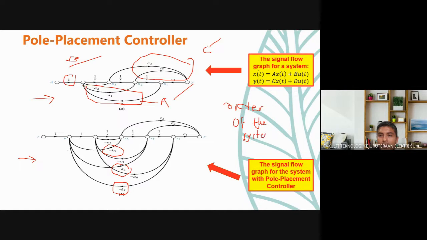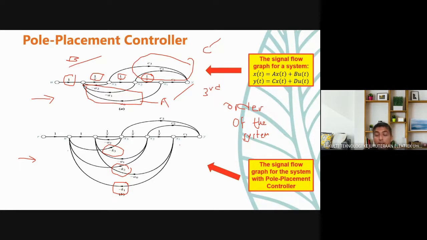In this case, you have a third order system. How do you know this is a third order system? Because you can see the first integrator, second integrator, and the third integrator.